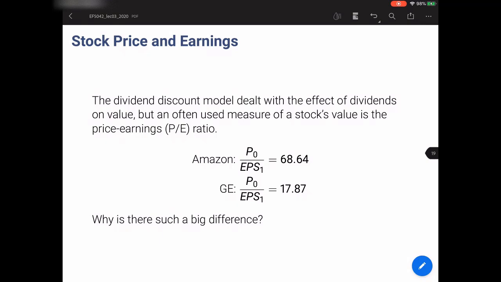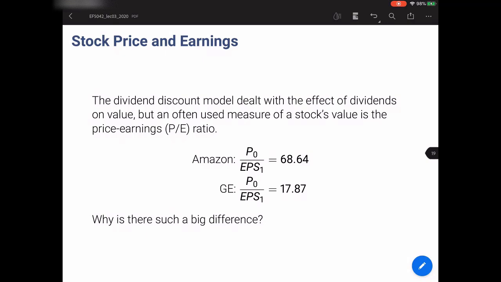For Amazon, on these numbers from a few years ago, the PE ratio was 68.64. Conversely, for GM, the price per share divided by earnings per share ratio is only 17.87. So why is there such a big difference?